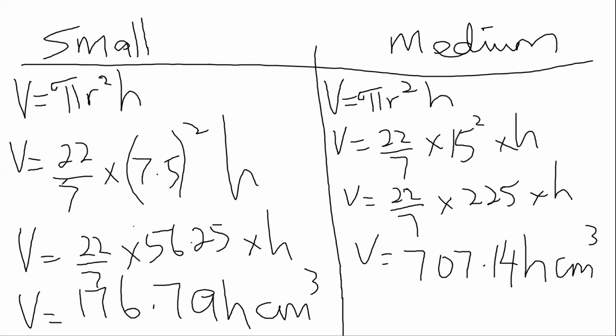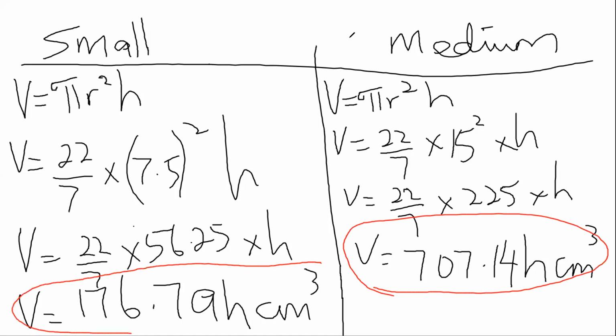You all understanding, right? So if we are comparing, we want to know if this is twice the size. If this is the size of the medium one, and this is the size of the small one, is it twice the size? No, sir.